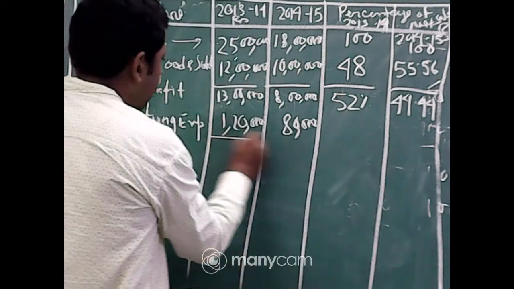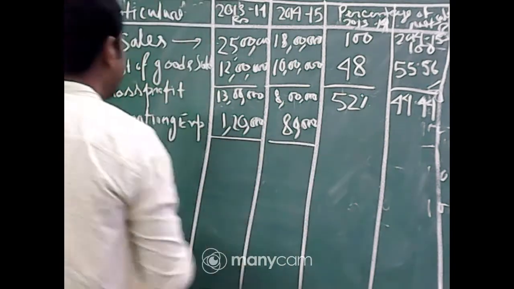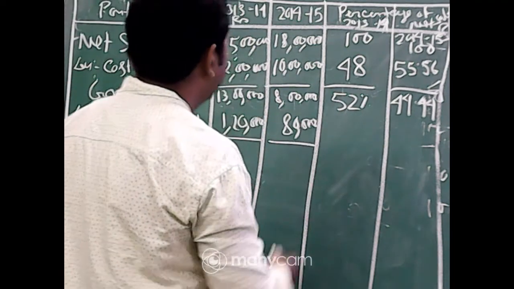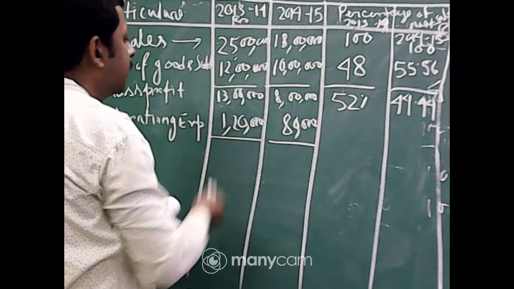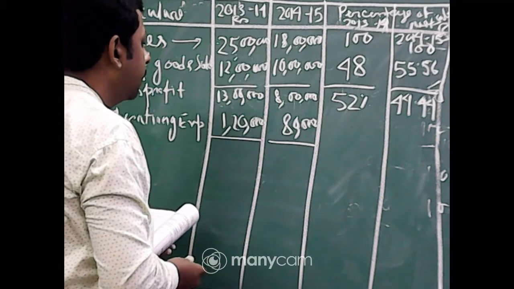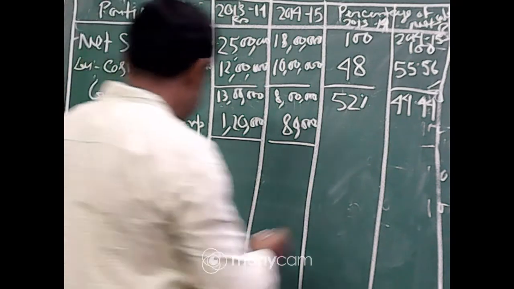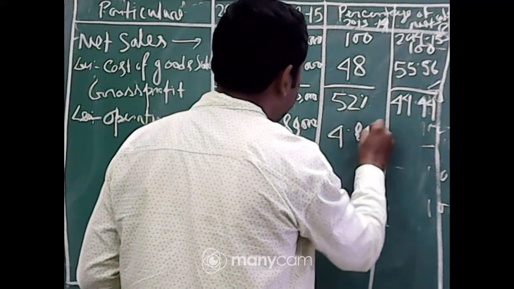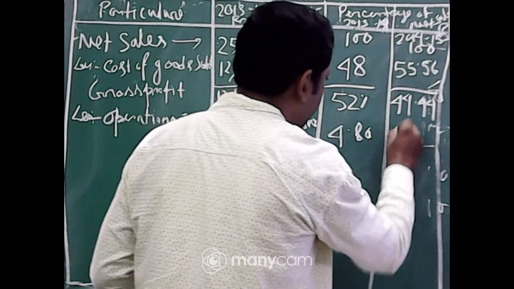So we have to deduct it. And that is also on the basis of net sale. What is the percentage of operating expense? 1,20,000 divided by net sale of 25 lakh. You have to divide that. Then what will be the percentage? 4.80 and this is 4.44.